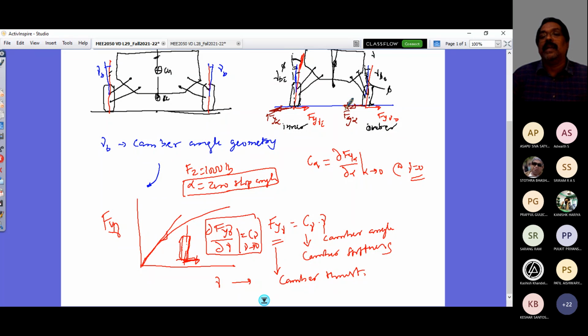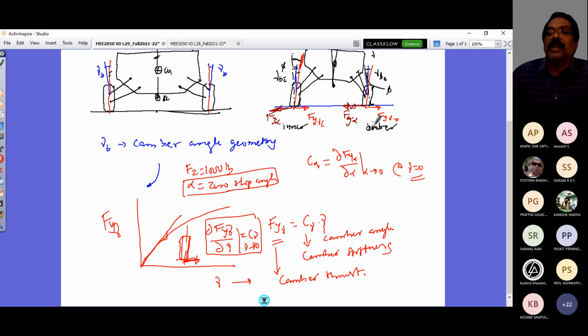Why? Because the camber thrust, though it is vectorially additive to the lateral force due to slip angle, which is the primary lateral force manifested because of tire property and tire-road interaction, is what takes care of most of the requirement of your lateral force to generate the required centripetal acceleration.